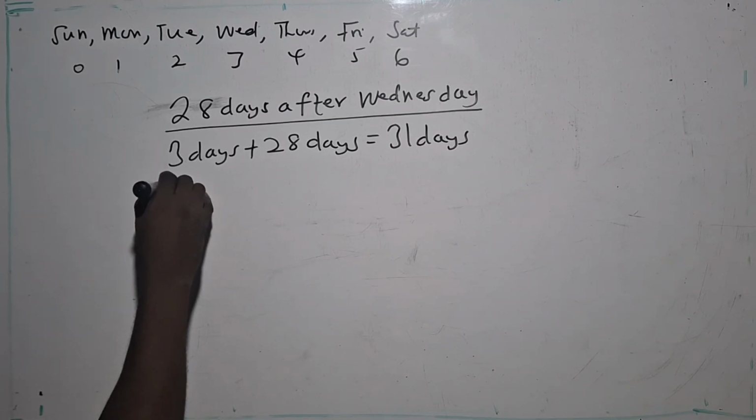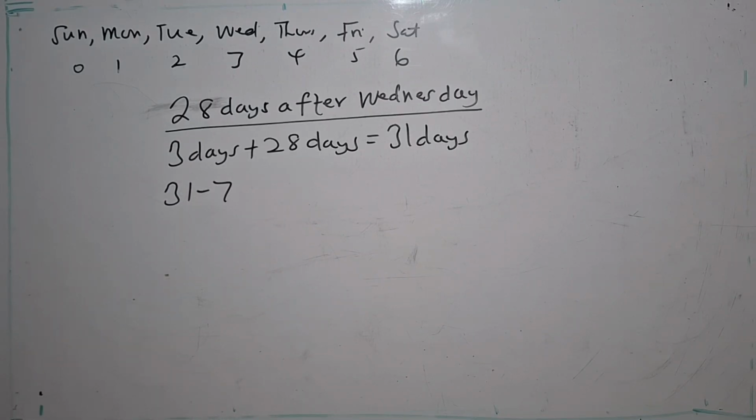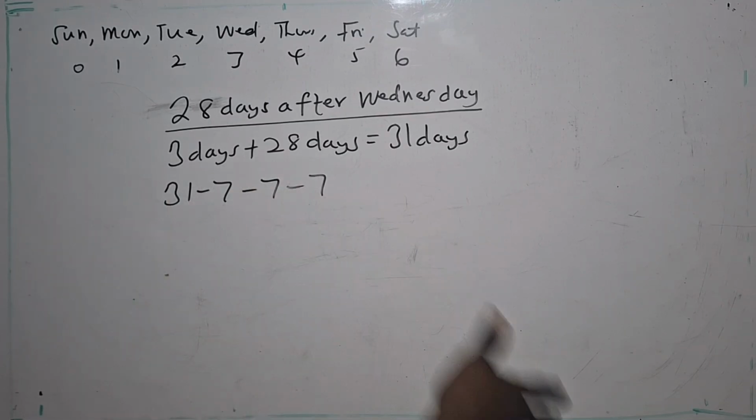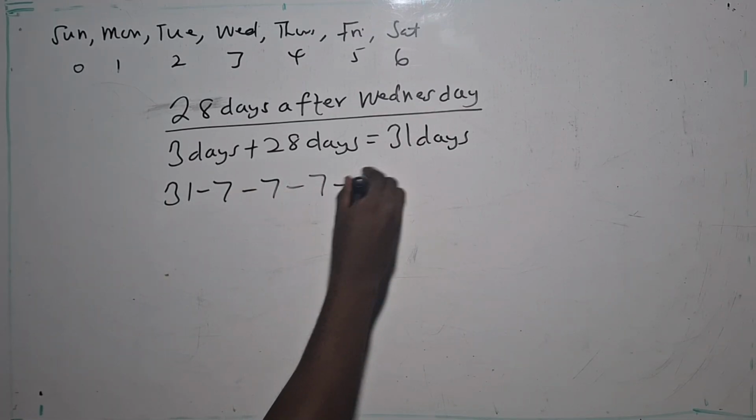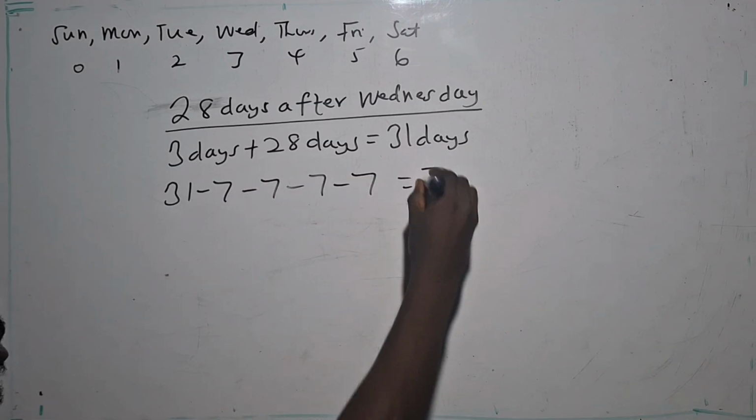So 31 minus 7 will give us 24, which is more than 7. Then 24 minus 7 again gives us 17, which is more than 7. 17 minus 7 is 10, which is more than 7, so we subtract 7 again, which gives us 3.